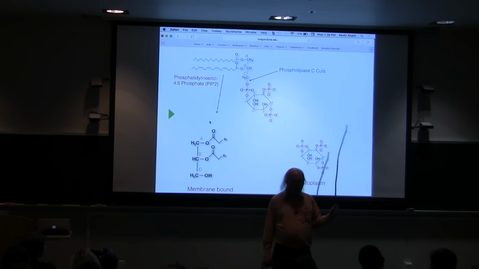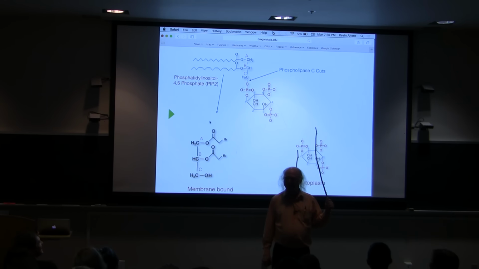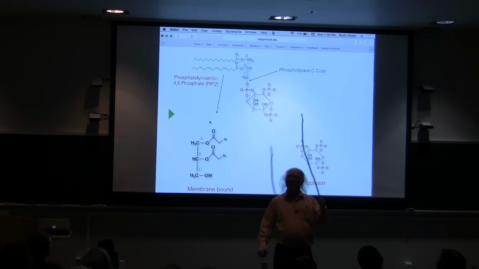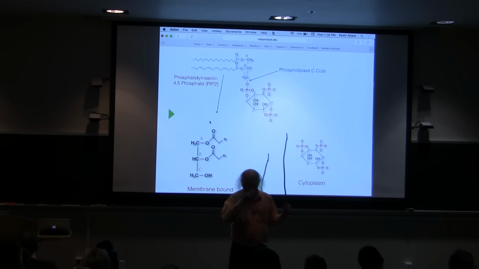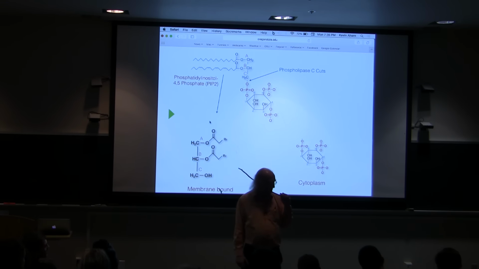Arachidonic acid, right? We make eicosanoids from it. Two classes: one class, prostanoids; second class, leukotrienes. Both 20 carbons, both coming from arachidonic acid.